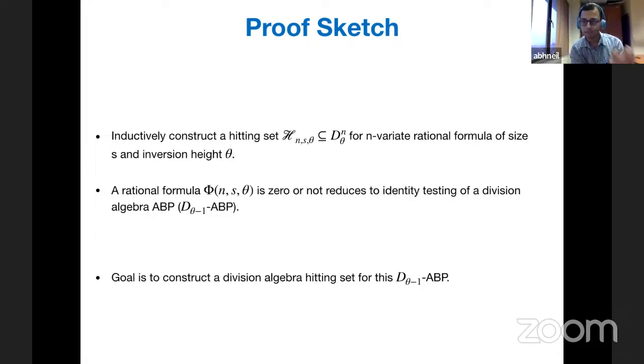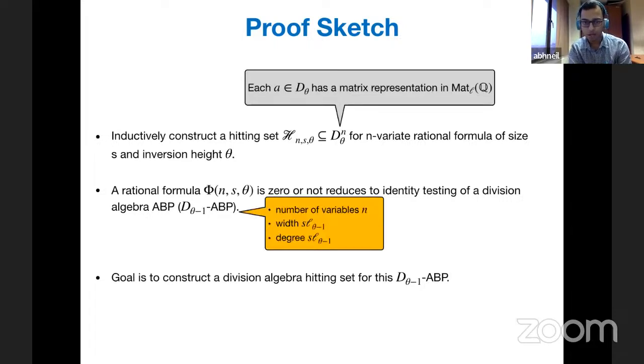Suppose you are given as input an n-variable size-s formula of height theta, and you want to test whether it's zero or not. Instead, we reduce this problem and ask you to consider this division algebra ABP and check whether it is zero or not. If time permits, I will show you the reduction; for now, just believe that it is true. For the division algebra ABP, the width becomes s times L_{theta minus 1}, and the degree is also s times L_{theta minus 1}. So we want to do identity testing for this model.